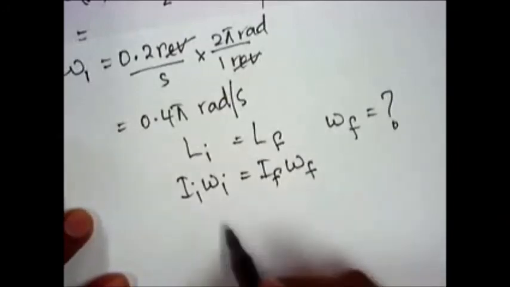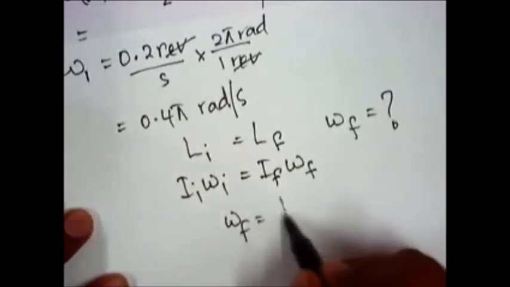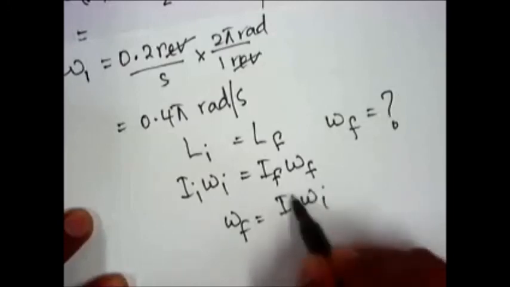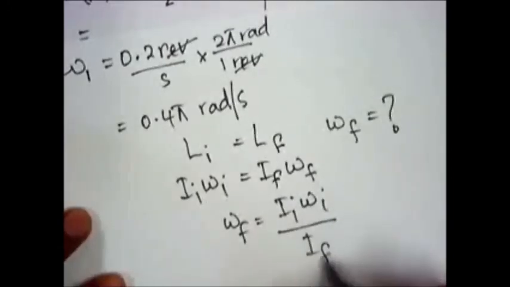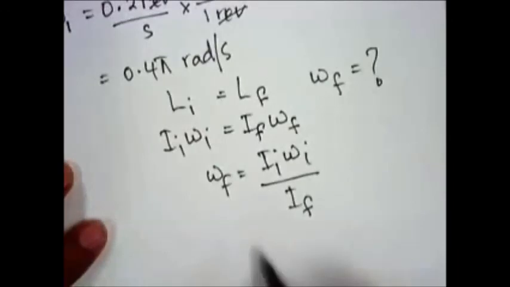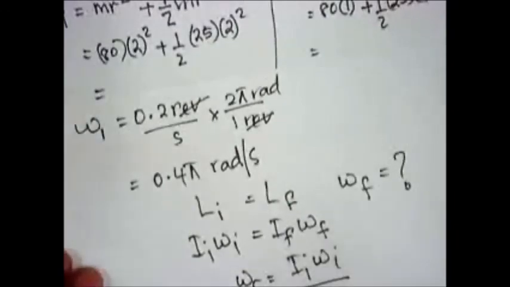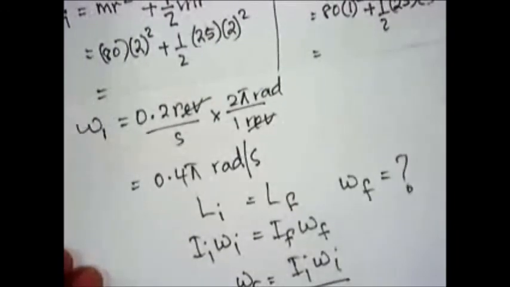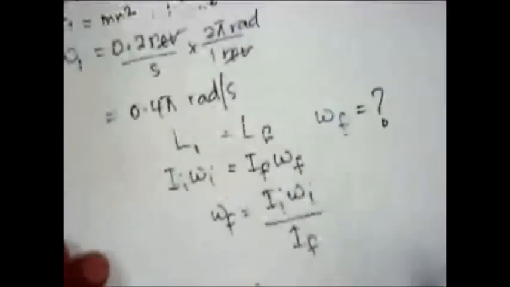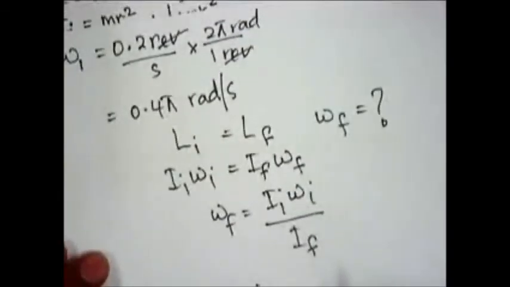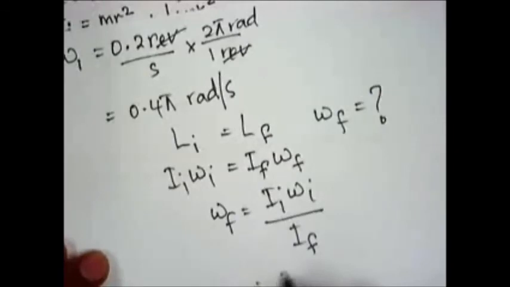So your omega final will be equal to I initial times omega initial divided by the final moment of inertia. Whatever values you have calculated, just put those values into the equation and you'll get your answer. So the answer comes to about 3.58 radians per second.